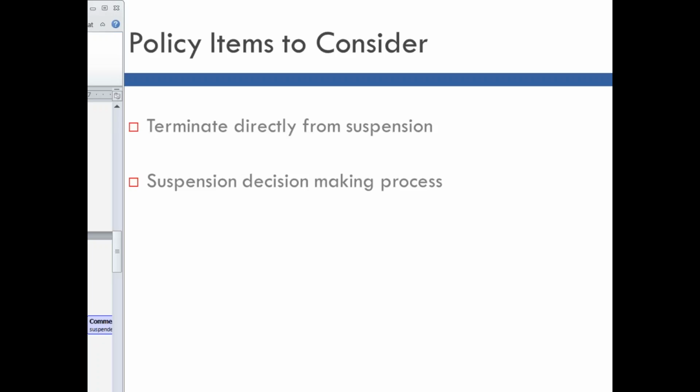So some things that came out of my digging into suspensions and exits for you to consider for suspensions are a policy, or at least some clauses in the member contract, that provide you the flexibility to terminate a member directly from suspension.